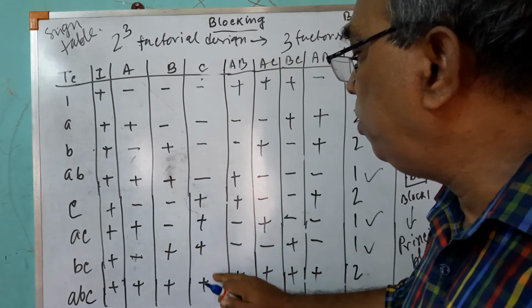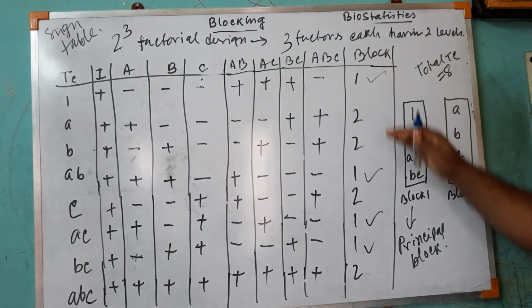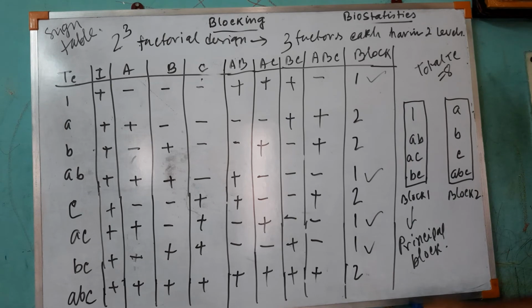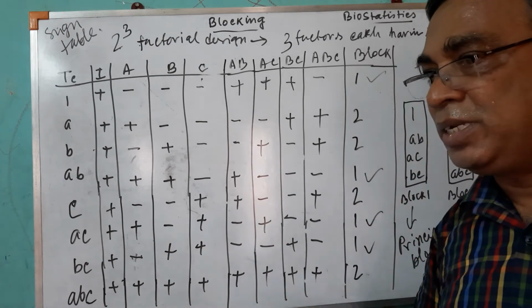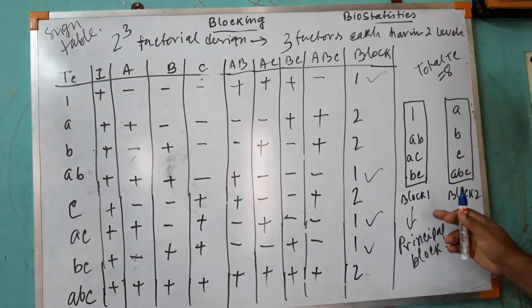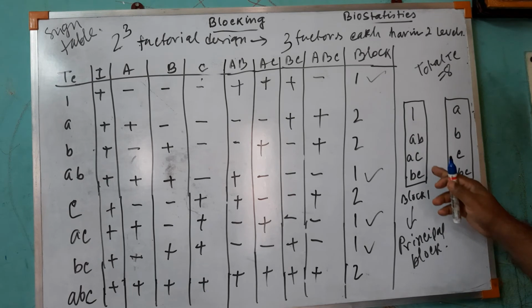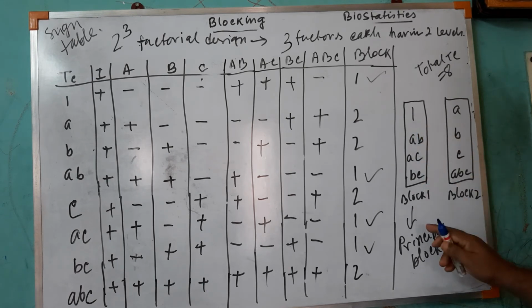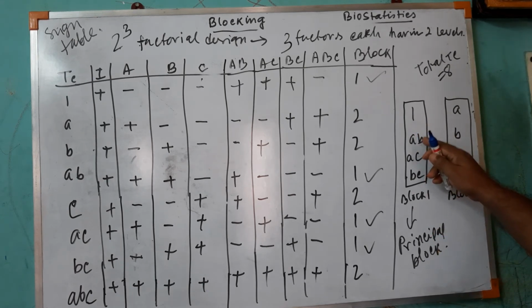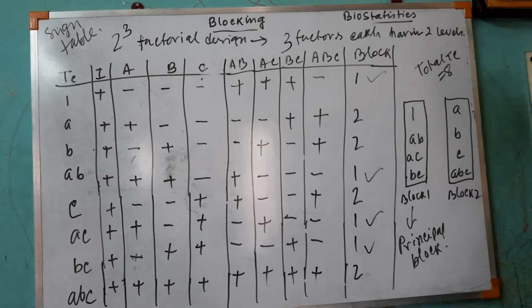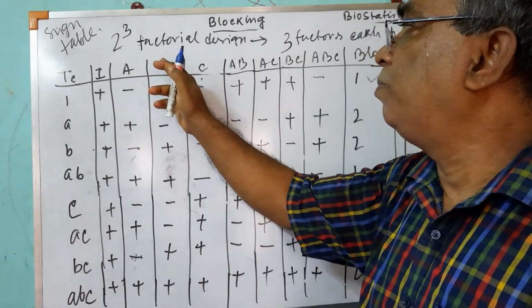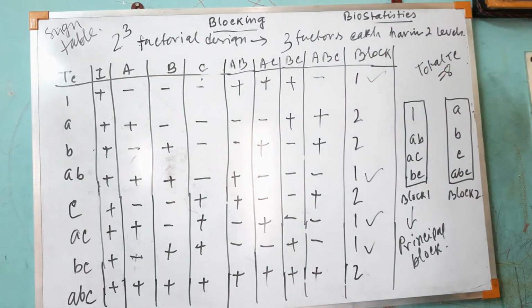Then you will get the same treatment combinations in block 1 and block 2. That means it never changed the treatment combination. Suppose AB in block 1, you will see these 4 treatment combinations in block 1 in that case also, and these treatment combinations in block 2 also, when you are interchanging the sign of the factor ABC. Okay, so it doesn't matter.